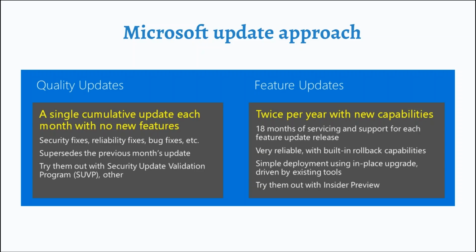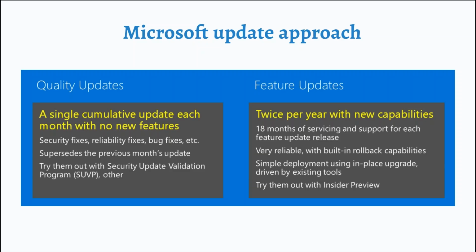Delta, cumulative, and feature pack. These are the major updates required for Windows 10 environment. Delta, an update that has all the new security updates for a given month. Cumulative, they include both security and reliability updates that are packaged together.